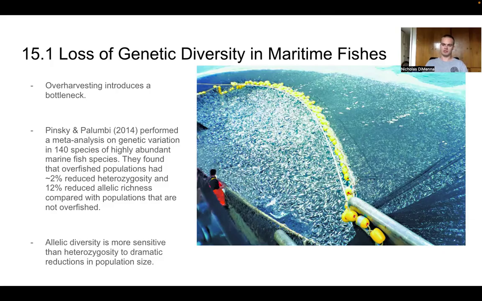We just don't see that translated to heterozygosity because you just need two alleles for a particular locus to be heterozygous in diploid individuals like this. That's not to say 2% is insignificant. That's driving change, and that is ultimately contributing to a less genetically viable, less genetically resistant population in subsequent generations. But we do see less change in heterozygosity than allelic richness.